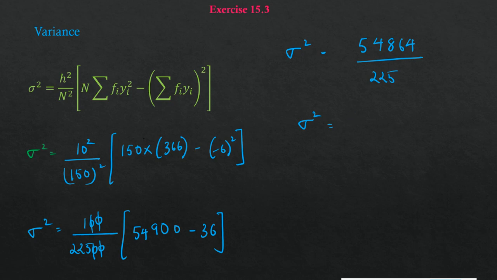Or if you calculate, let me calculate it real quick. Yes, I'm getting the value as 244. Approximately, I'm getting the value of variance as 244.